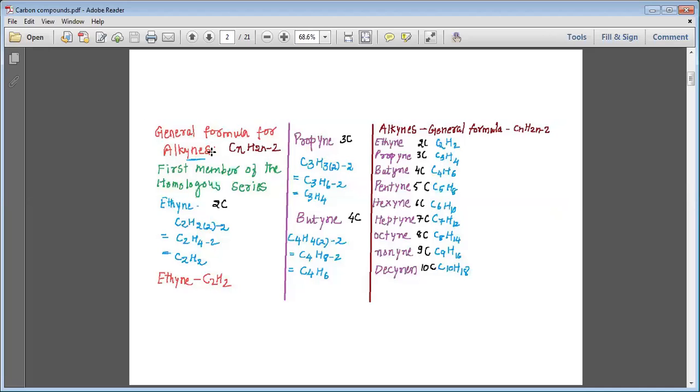Same way, my dear students, we have studied about the general formula of alkynes, and then we have studied the various molecular formulas for these compounds, and then we have studied the homologous series for alkynes, that is CnH2n minus 2, that is ethyne, propyne, butyne, pentyne, hexyne, heptyne, octyne, nonyne, and decyne.